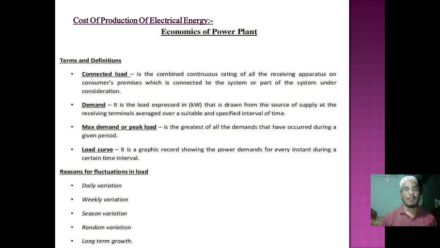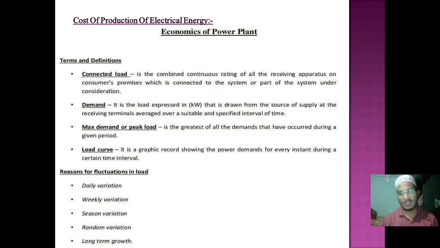Because of demand we generate the power; the unit of power is the kilowatt, and it is drawn from the sources of supply where we apply the sources of energy through the power plant to produce the power. After that the power goes to the inverter and power transmission system and comes out as AC or DC supply. This is your general cycle.